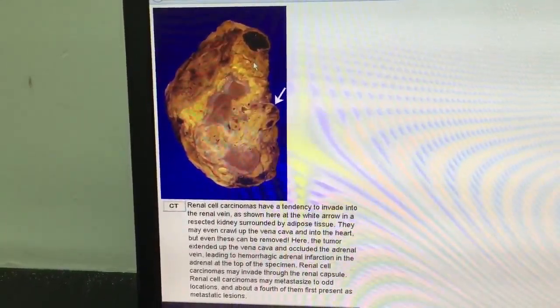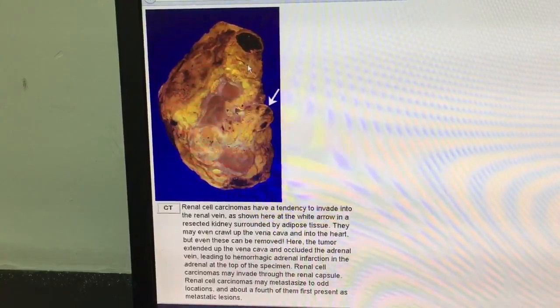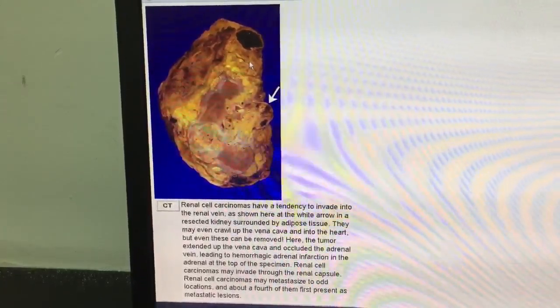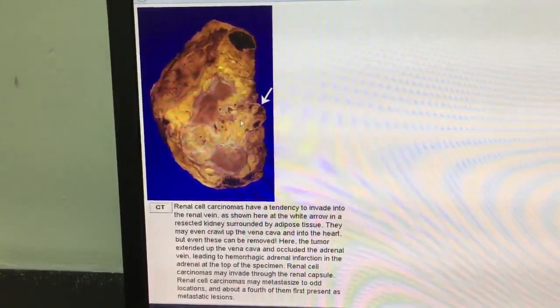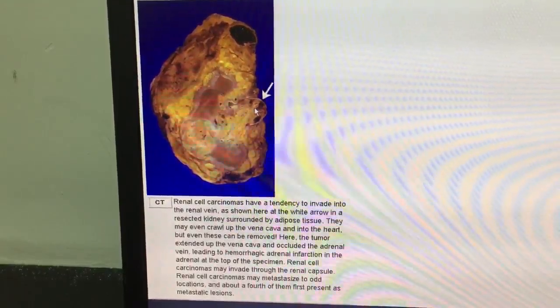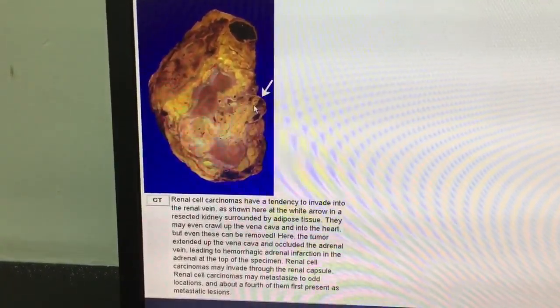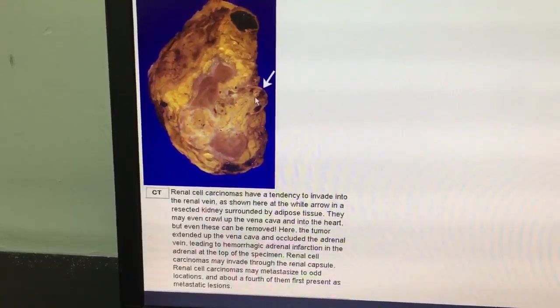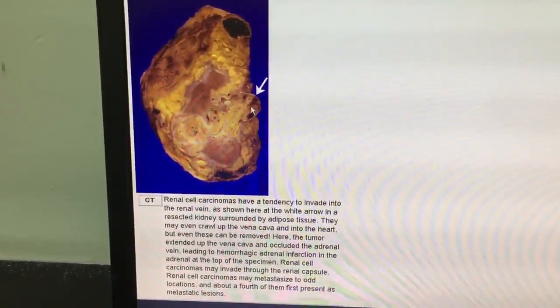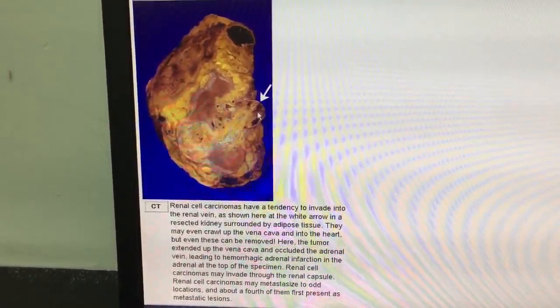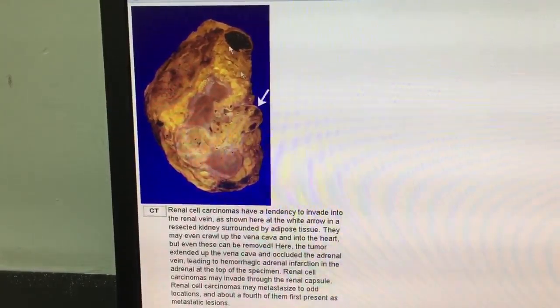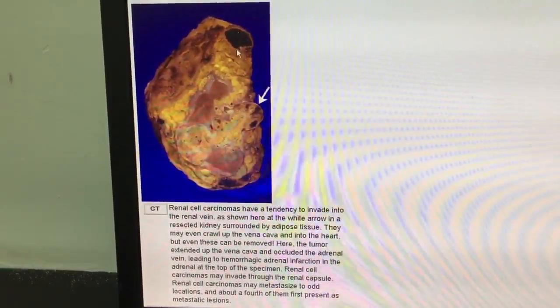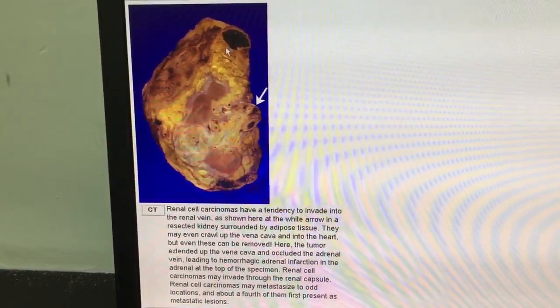Any infiltration outside the renal capsule will upstage the tumor, especially involvement of the renal vein and inferior vena cava. Involvement or obstruction of the renal vein and inferior vena cava will lead to obstruction of the adrenal vein, and as a consequence, the adrenal gland will appear hemorrhagic.